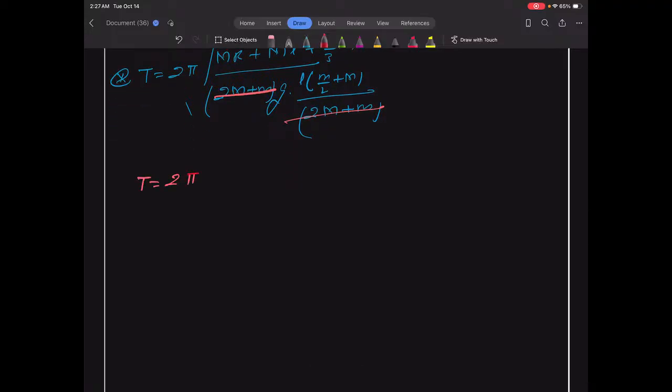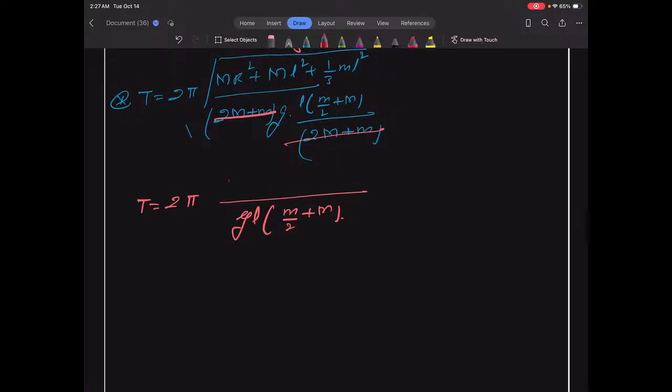So T is equal to 2 pi, and we get this as g L, small m by 2 plus capital M, and in the numerator we are going to get this as our mr square plus small ml square plus 1 by 3 ml square, and its square root.